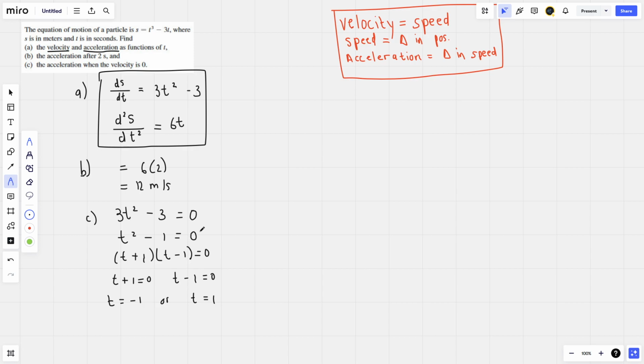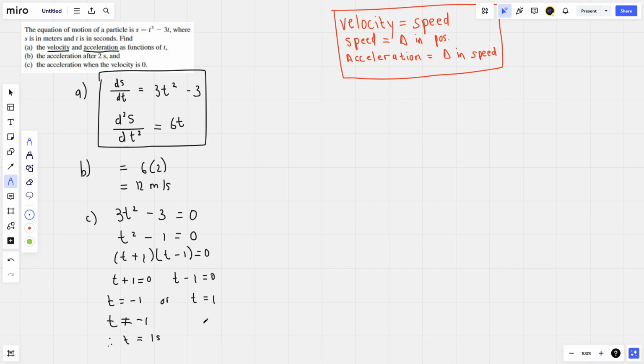You can't say minus 2, -1, 0, 1, 2. No, it's 0, 1, 2, 3, and so on. So time cannot be negative, so t cannot be -1. Therefore, t is 1 second.